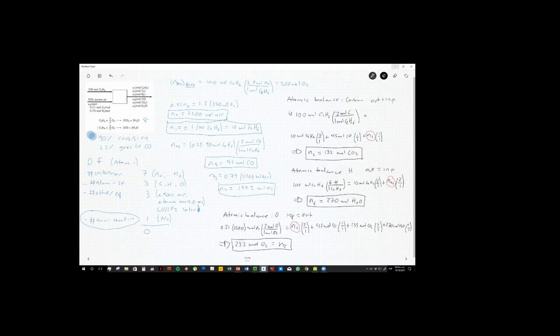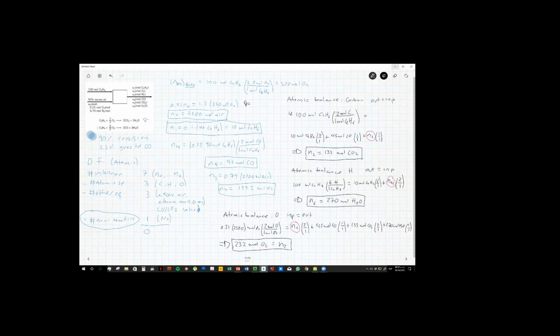Yes, I have one. In the middle part, where you have 0.21 and 0 equals 1.5. This one? Yes. Where did you get the 1.5 from? The 1.5 is the excess air, right? We have 50% of excess.